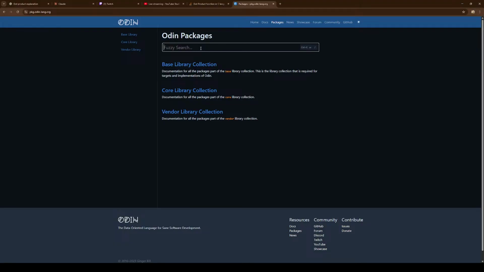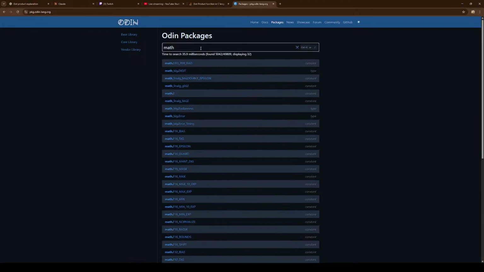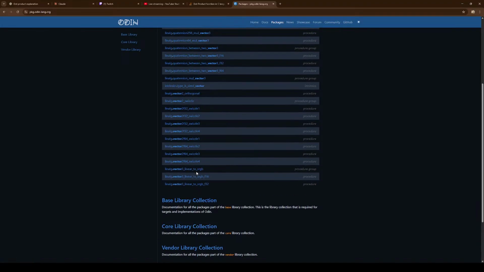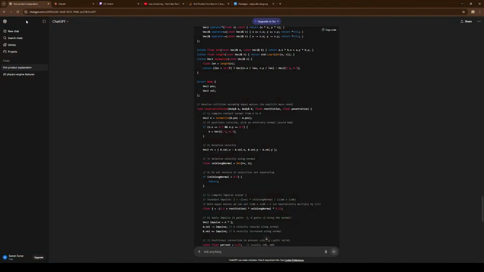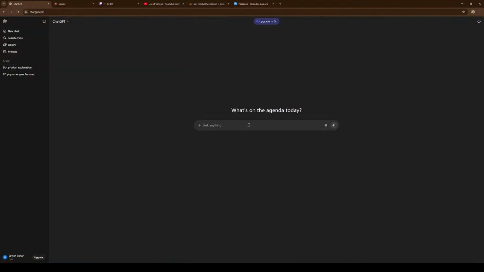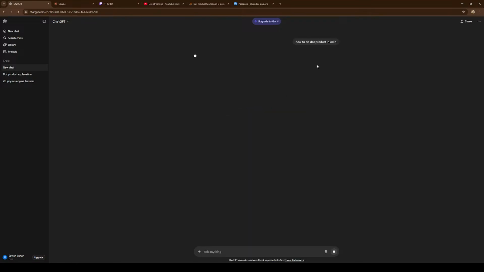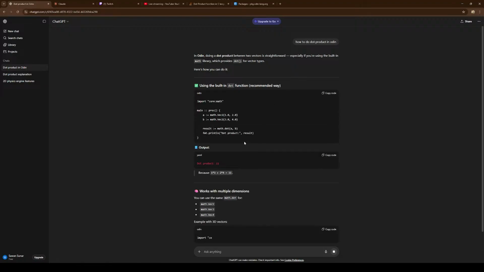Search math, vector. Whoa, it does seem fast. How does this happen? Why is it named Li? No G. How to do dot product in Odin?